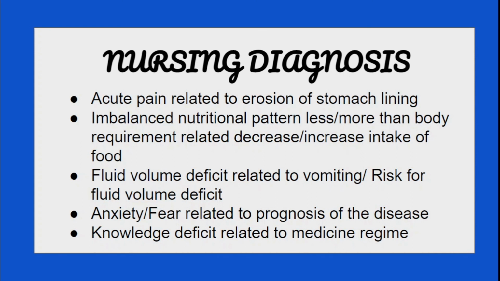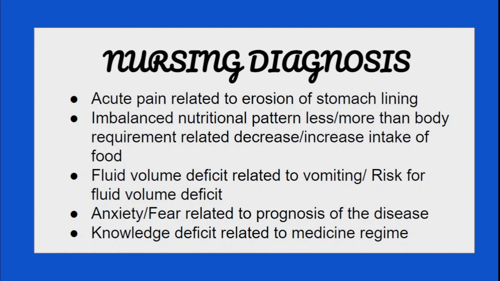So acute pain related to erosion of stomach lining, imbalanced nutrition, less than body requirement or more than body requirement, which can be related to decrease or increase in intake. In case of gastric ulcer, it can be imbalanced nutrition, more than body requirement, related to increased intake of food.